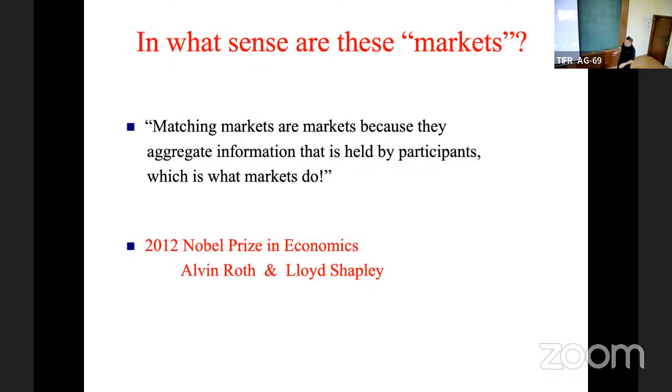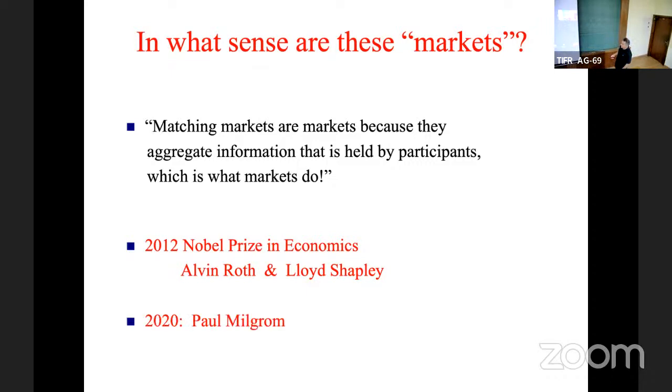So this field has received a Nobel Prize for this work. Lloyd Shapley, who is the author of the first paper that started this field with David Gale, and Al Roth, who has also done very influential work on school choice and kidney exchange and so on.